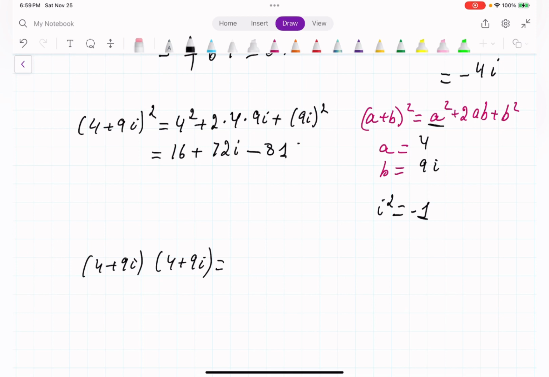Okay, so from here we are getting 16 minus 81. It's going to be negative 65 plus 72i.